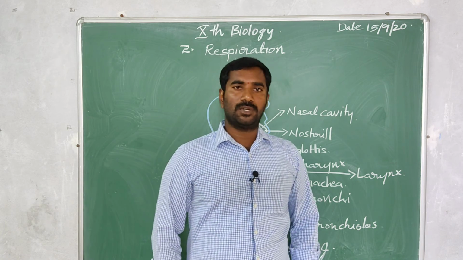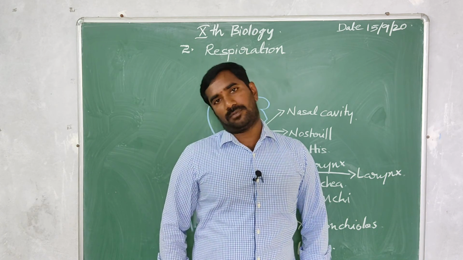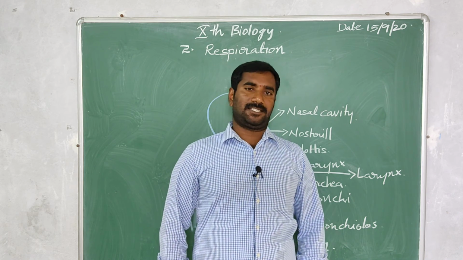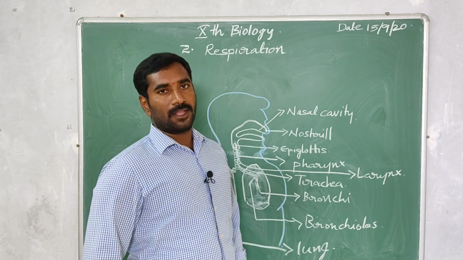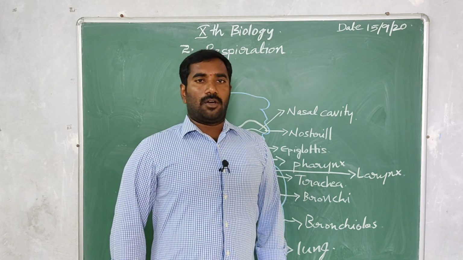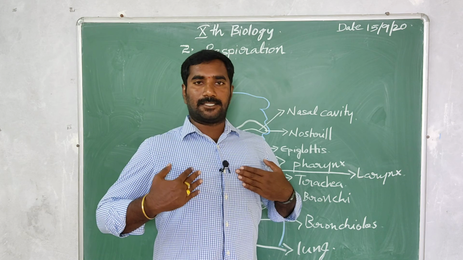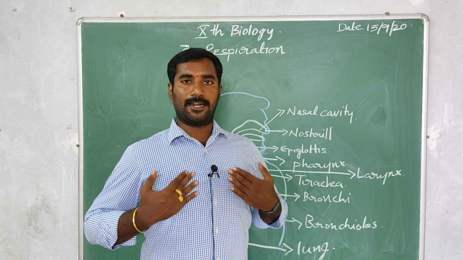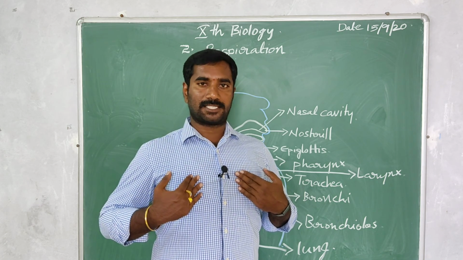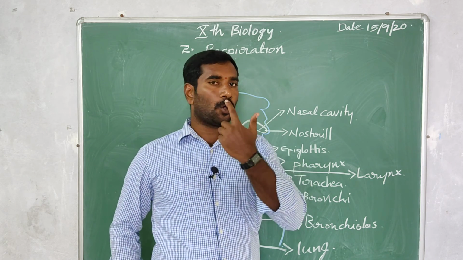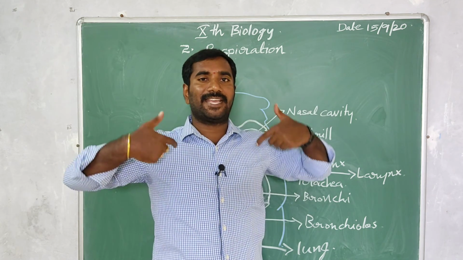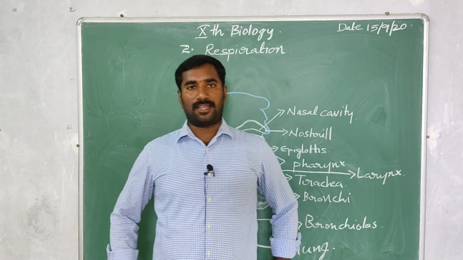Now I am going to explain how the food gets broken down in our body. There are some steps. First, when we take a breath, the lungs increase in size. When we take in air, the lungs increase in size. The basic step starts from the nose. We have two nostrils, and the two nostrils take in air.